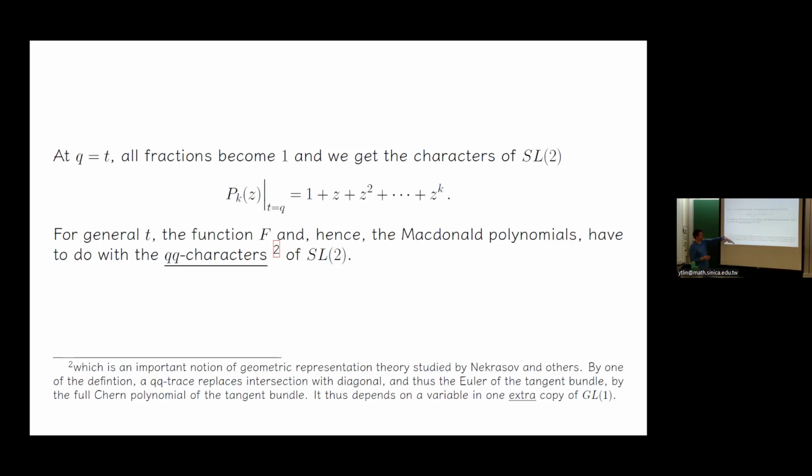If there's a question, maybe I'll come back to it later. If you have a geometric realization of some representation, you may want to enrich the character slightly and have something called a qq-character, maybe slightly dramatically. And for McDonald polynomials, in this case, definitely in general, what it ought to be is that this series is in fact a qq-character in this sense for a representation of SL2.